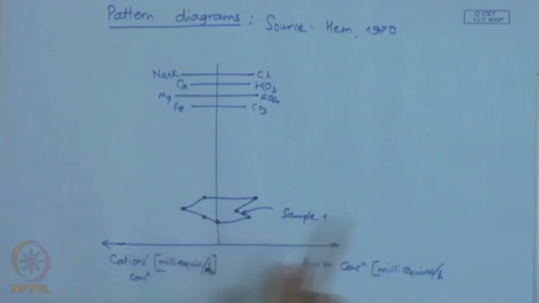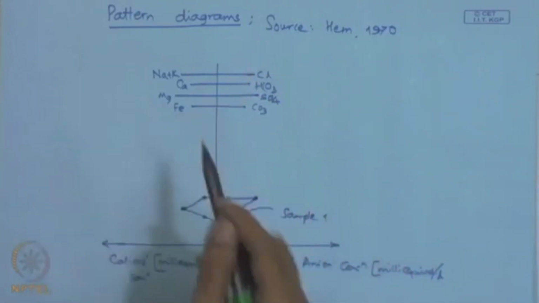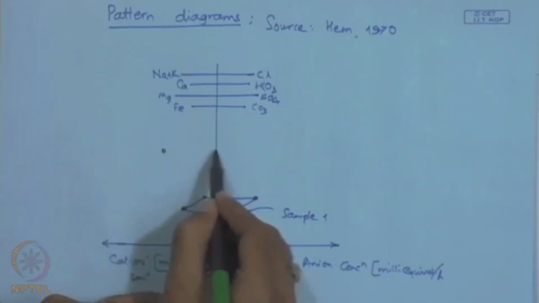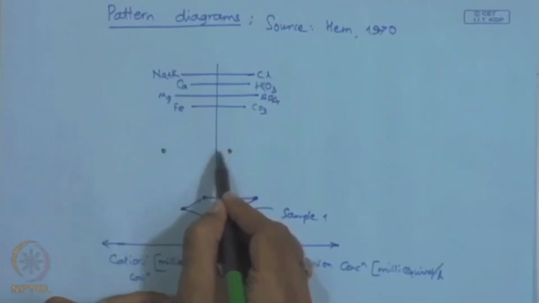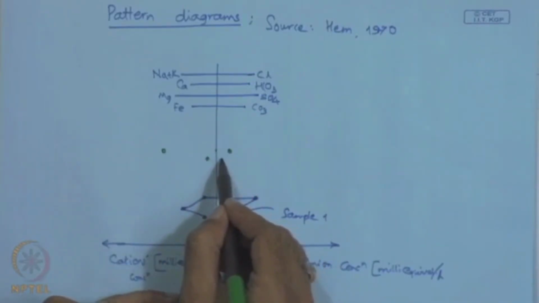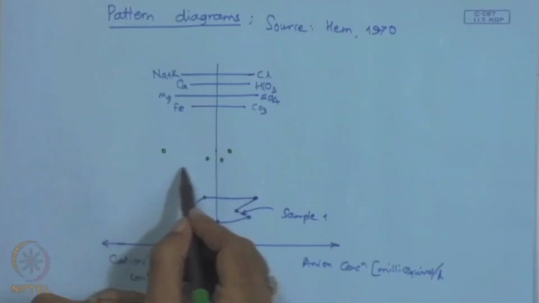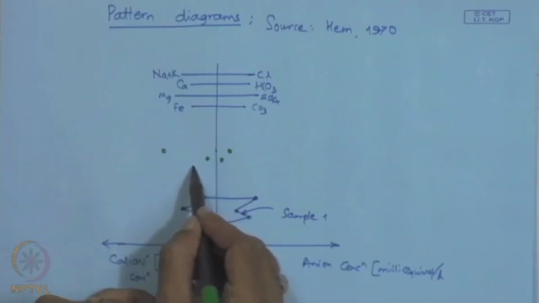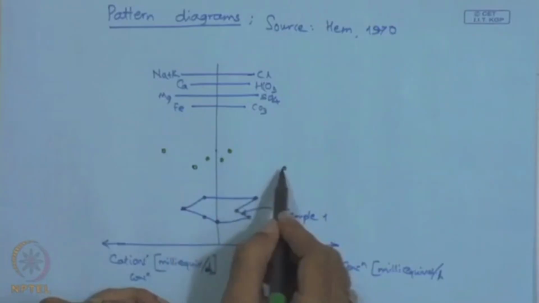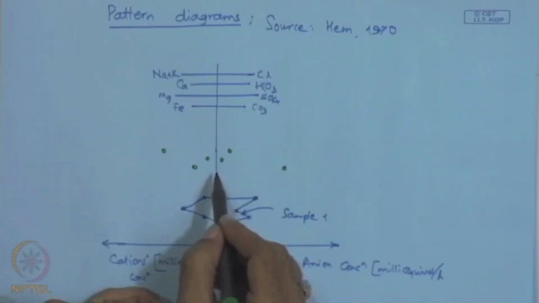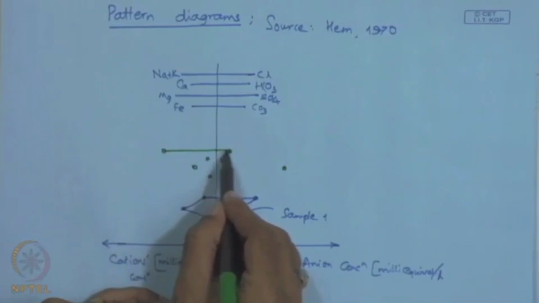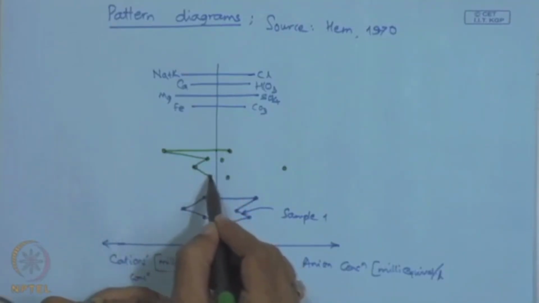Similarly, suppose there is another sample which has this much sodium and potassium concentration, this much chloride, this much calcium, this much bicarbonate ion, this much magnesium, this much sulfate, and maybe this much iron and this much carbonate. In that case, simply join each of them.